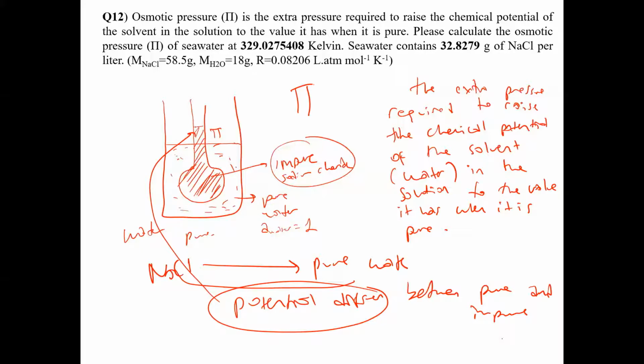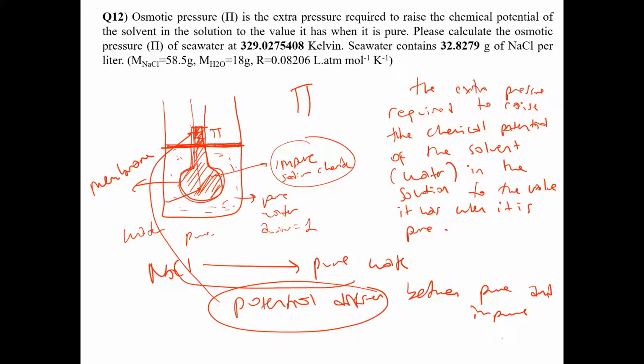Here, this is impermeable. This is the membrane. Water goes inside the membrane to increase the level of the water present in the impure water. And this belongs to the pure water line, and this belongs to the impure water line, as you see here.